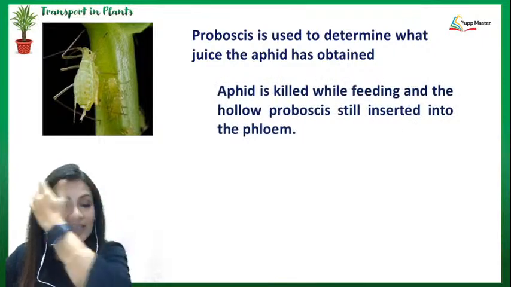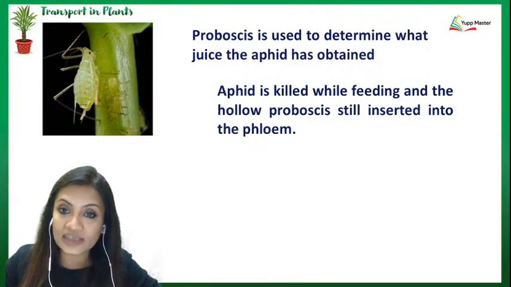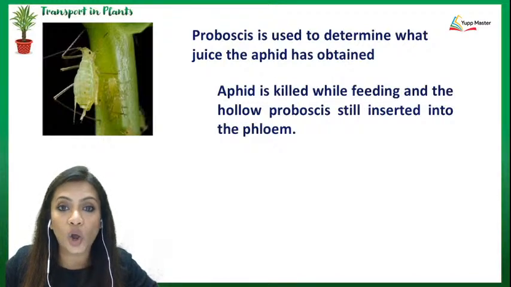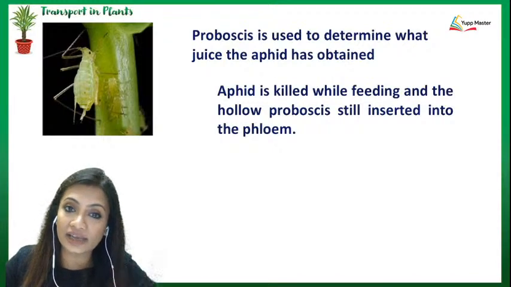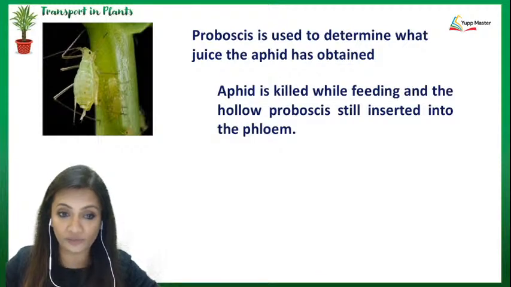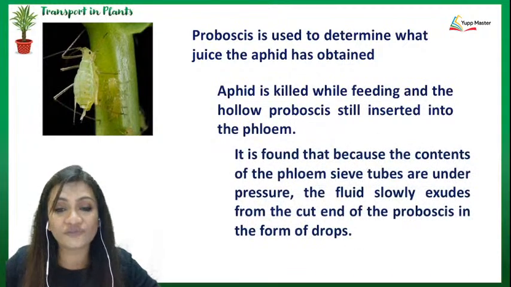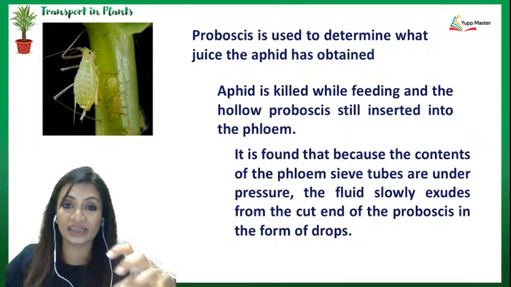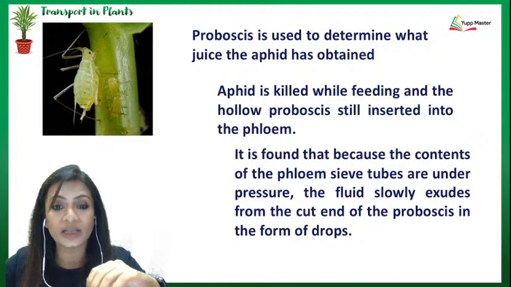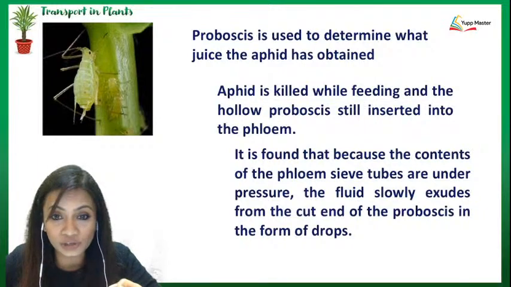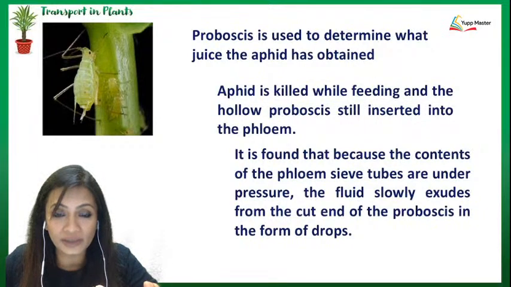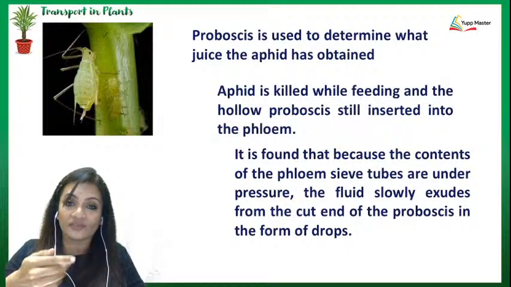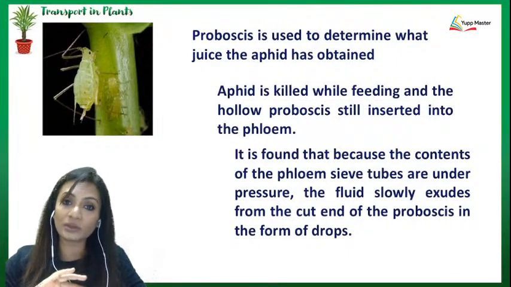So basically this aphid is killed while it is feeding, and then that hollow proboscis is still left inserted into the level of the phloem. Okay, it is found that whatever contents are there in the phloem sieve tubes are under high pressure, so naturally when the proboscis is cut, there is a lower pressure on the outside.